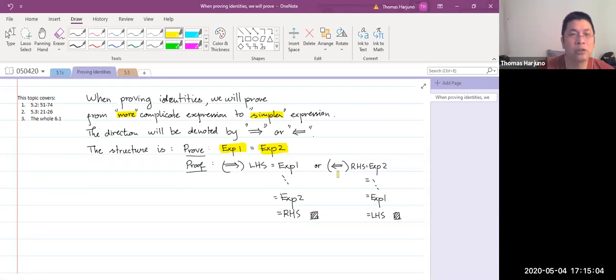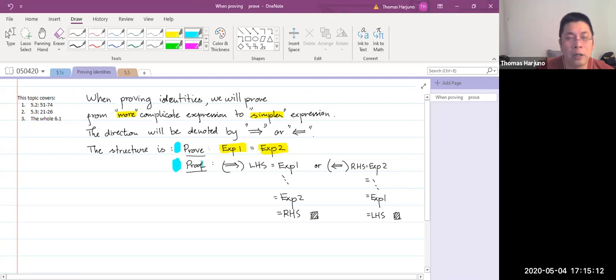Okay, now the structure of our proving will be as the following. This is the question. The way you prove it, the first line will either look like this or look like this. Now, in my test, if you write that, it will be your 1 point.